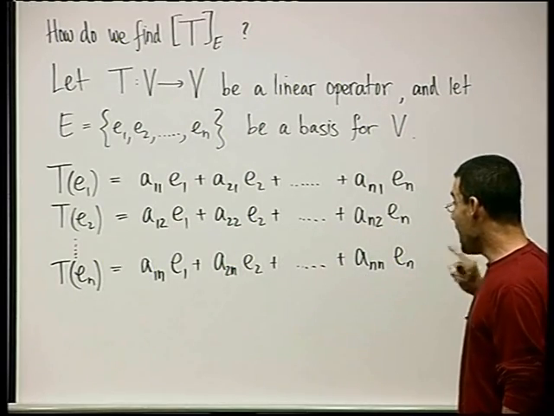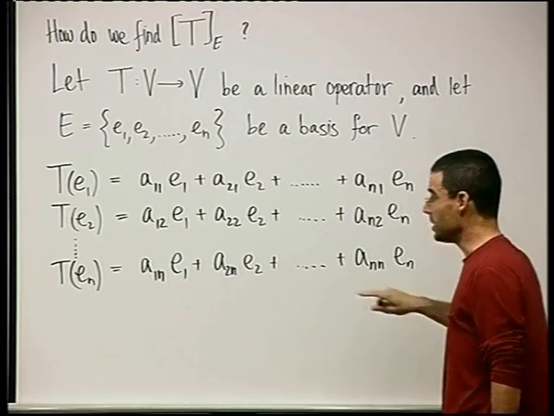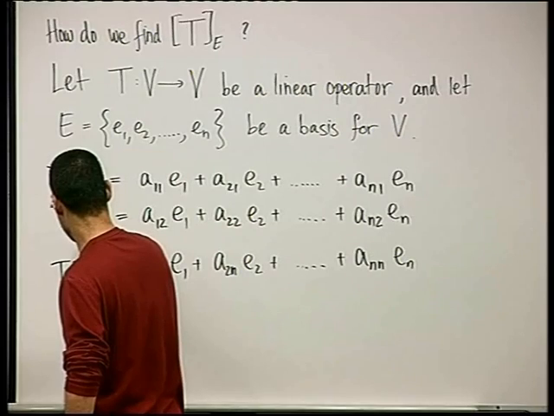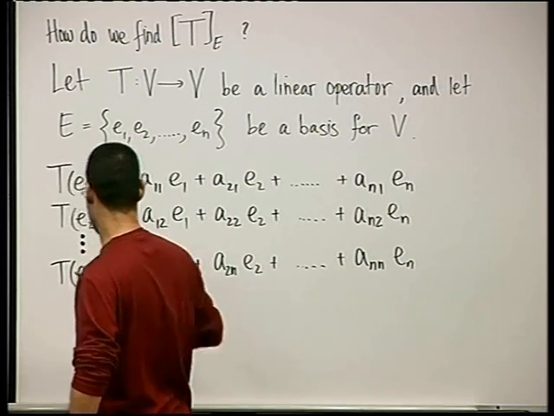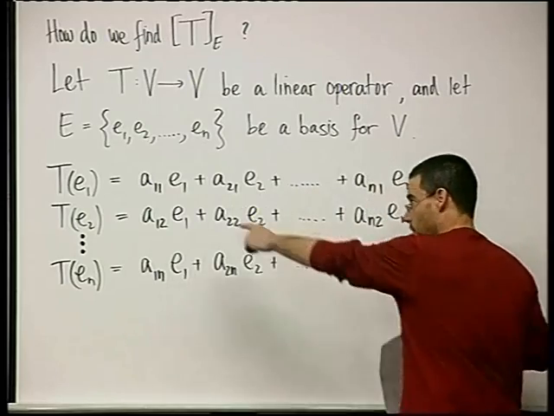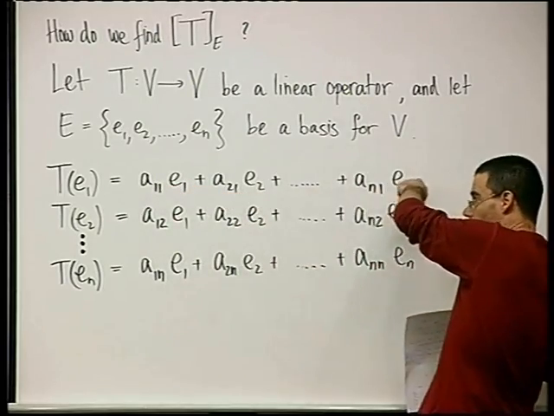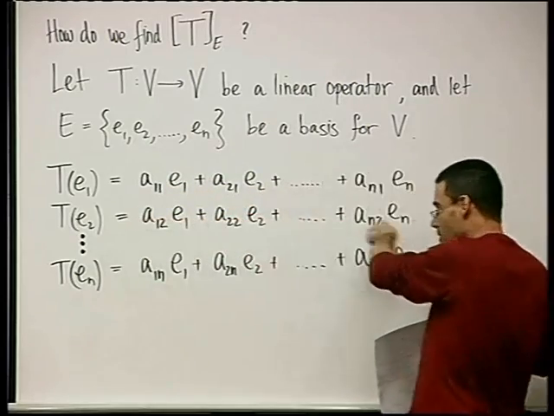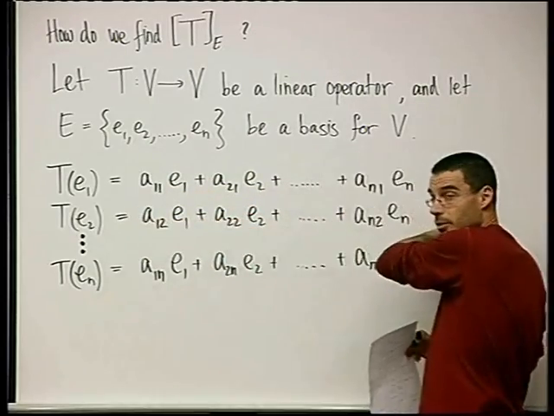Okay? And there's a dot dot dot here. Now I have all these coefficients, and remember, these are the coefficients of T of E1, these are the coefficients of T of E2.